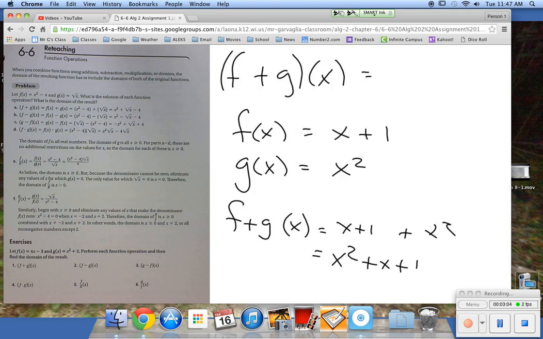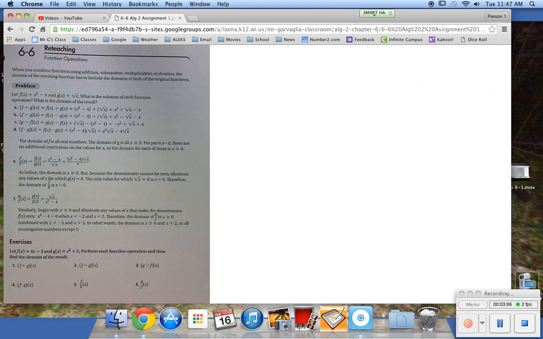Pretty easy, right? What are the other ways that you can look at this? Well, obviously you could go f minus g of x, which means you would subtract them.